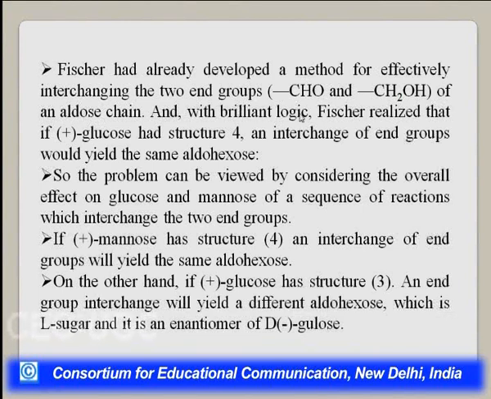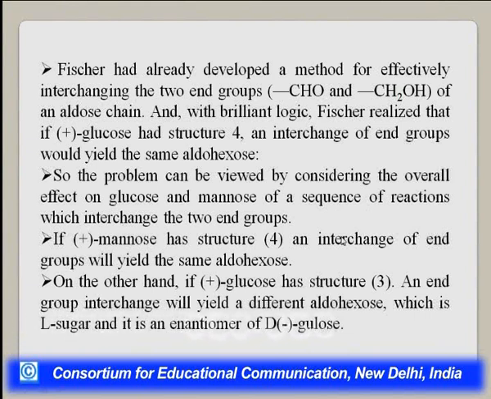And with brilliant logic, Fischer realized that if plus glucose had structure 4, an interchange of end groups would yield the same aldohexose. So the problem can be viewed by considering the overall effect on glucose or mannose of a sequence of reactions that interchange the two groups.